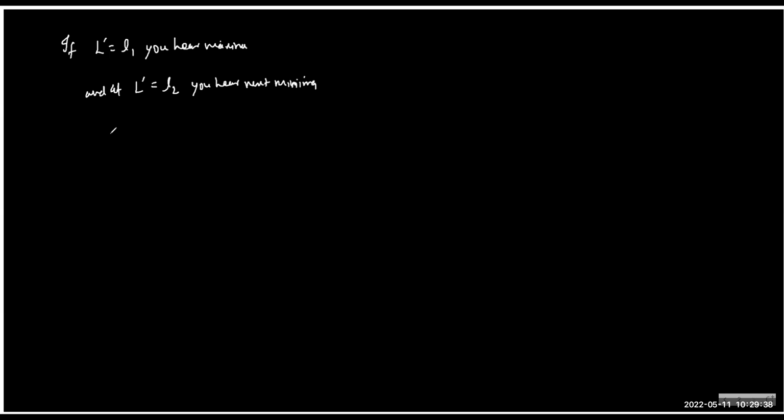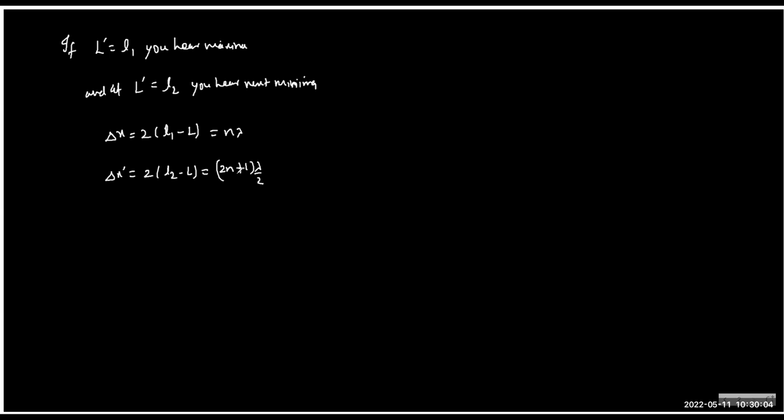In that case, the formula will be 2 L1 minus L equals n lambda, but 2 L2 minus L is not n lambda, it is (2n minus 1) times lambda by 2. Or you can take plus 1, it really doesn't matter.